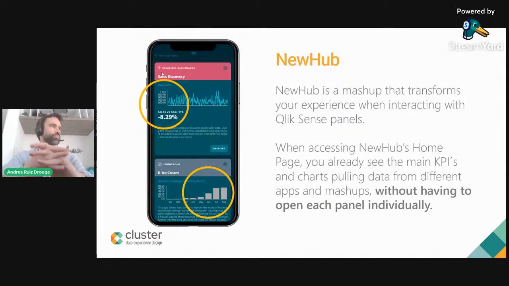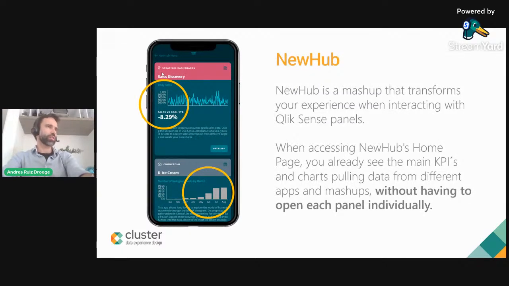So now, before jumping into the actual demo, a few slides on what NewHub is and what you can achieve with it. This is essentially a mashup that completely transforms the experience when interacting with Qlik panels. So what does that mean?